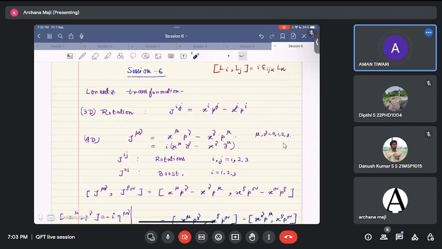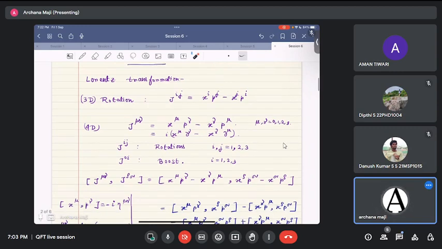But here we will not be able to take rho up and sigma down, like what we were taking in matrices, if there was a rho index up and sigma index down. So that is the matrix index. Here it is not the matrix index. I mean, we are not writing down the corresponding matrix.